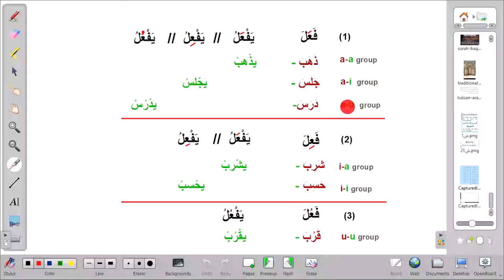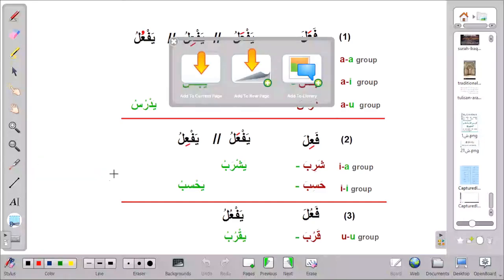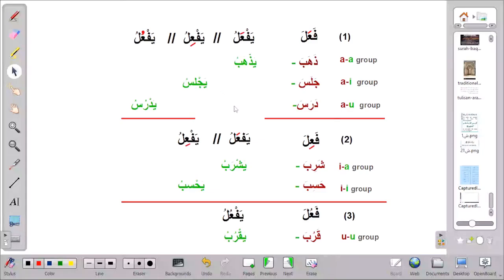But in this particular book, okay, we are going to be looking at only 4. Only 4. Okay, and that is just the first 4, as you can see, that we have here.